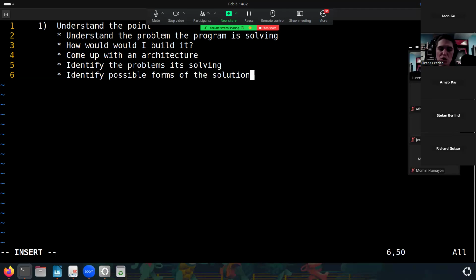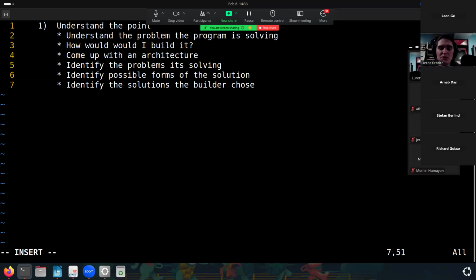And so your job, if you don't really understand what's going on in this program, is to identify what solutions they chose, right? And that gives you a framework to understand what the program is doing at a high level.